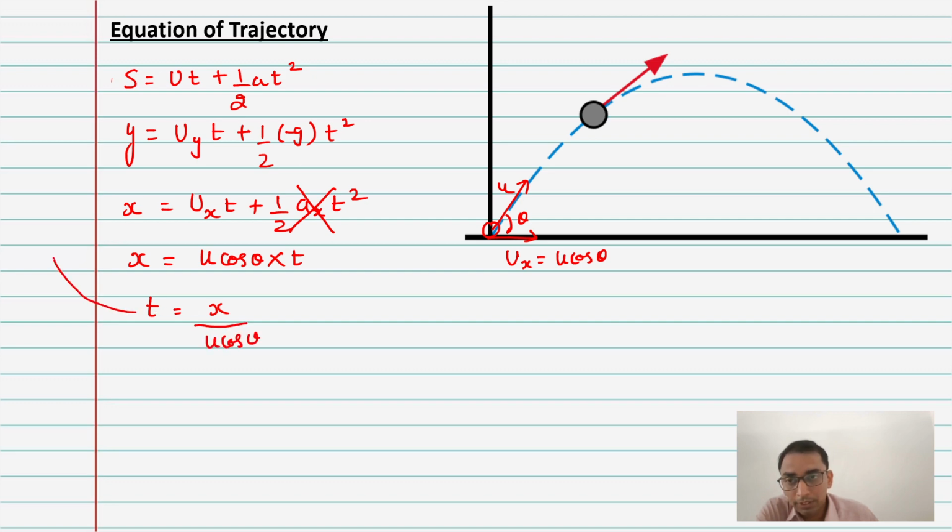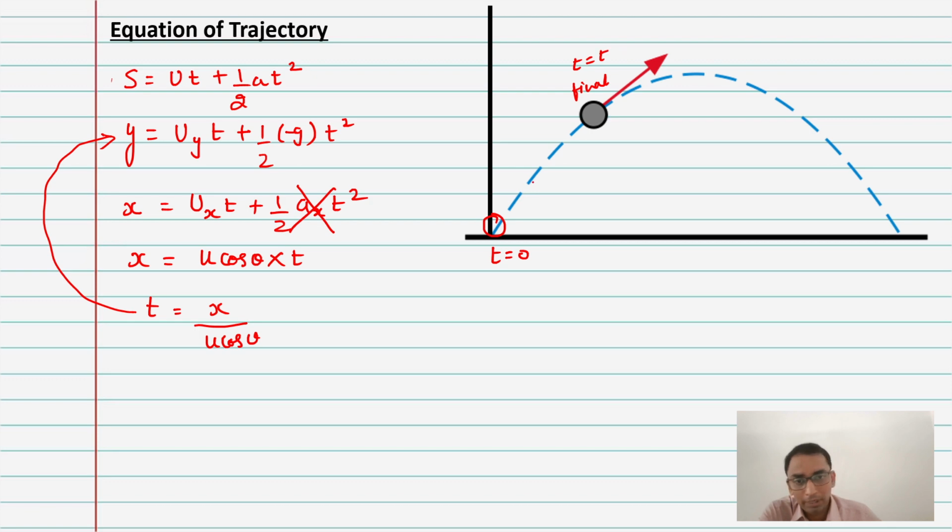And this value of t I am going to substitute in this equation. Now let me tell you what is y and x. Suppose the initial position of the ball is here, time is equal to 0. And let me call this the final position at time is equal to t.